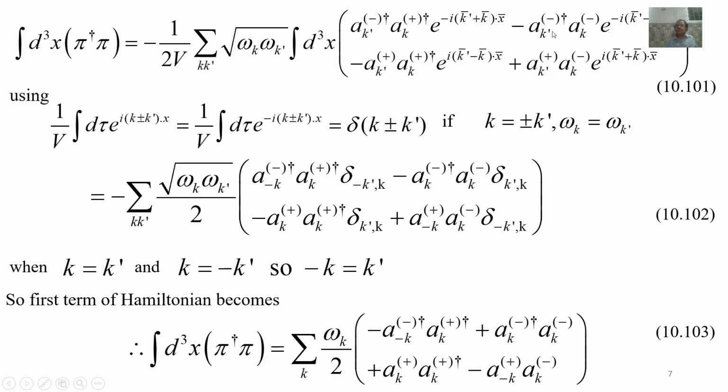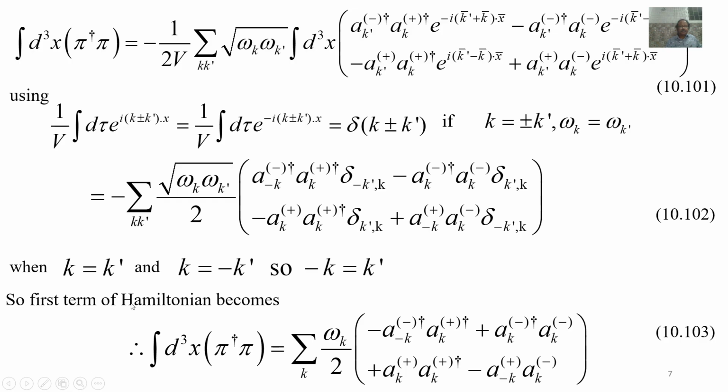That's all. So the second term becomes exactly like this. In the third term, wherever you find k prime, that's also replaced by k. So the third term goes like this. And in the fourth term, k prime plus k is equal to 0, so you can say that k prime is equal to minus k. The k prime will be replaced with minus k.